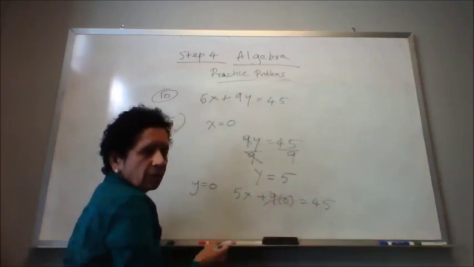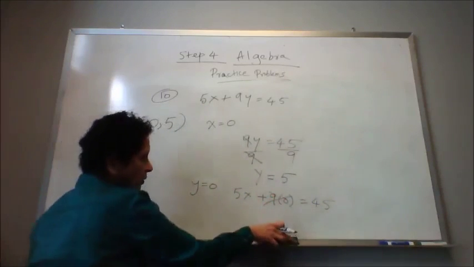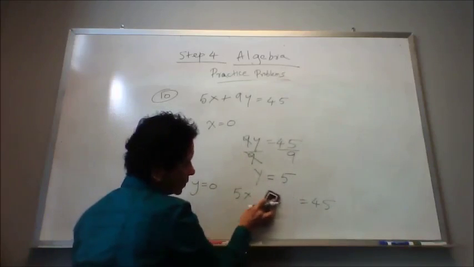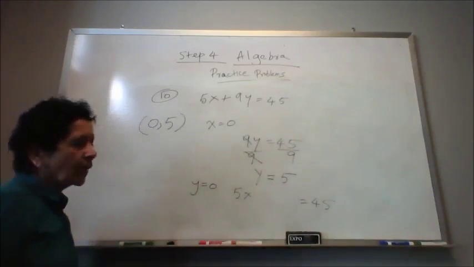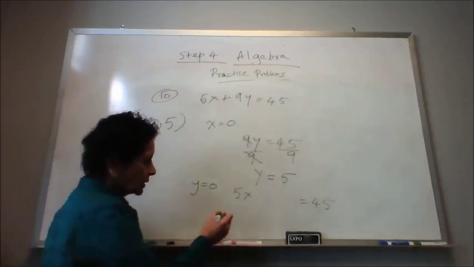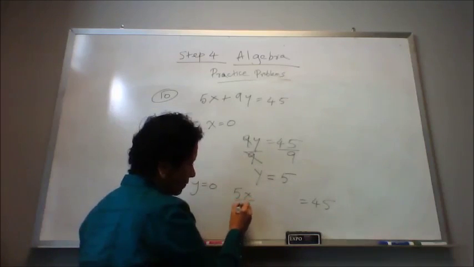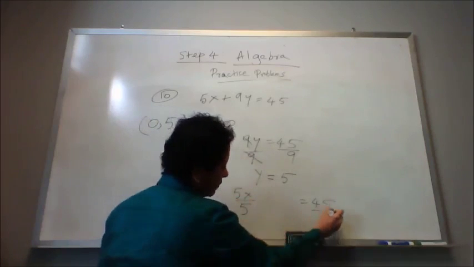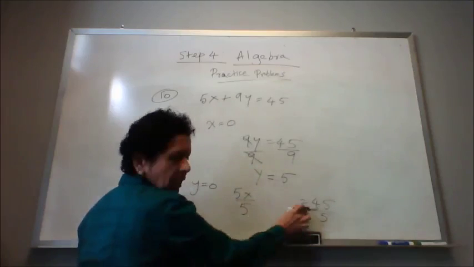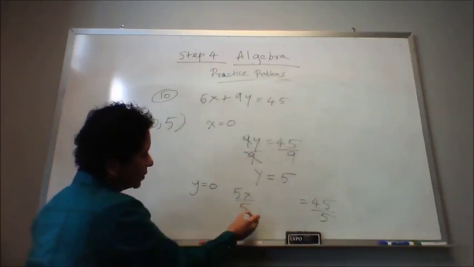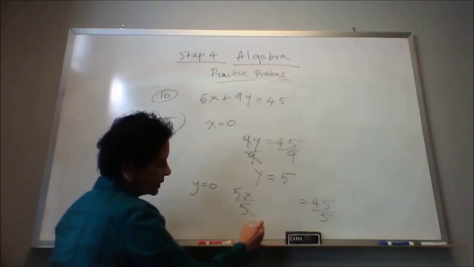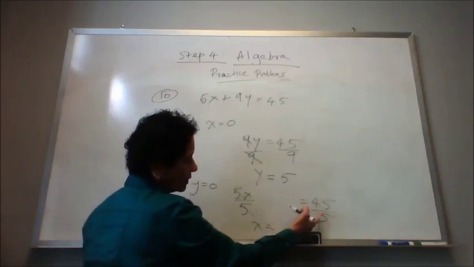So now that's gone, 9 times 0 is 0, I don't need to worry about it. So it's 5x equals 45. Now I need to find x. I don't like 5, I need to get rid of 5. I divide both sides by 5. To be fair, I need to do the exact same thing on both sides. So now cancel that, and x equals 45 divided by 5.